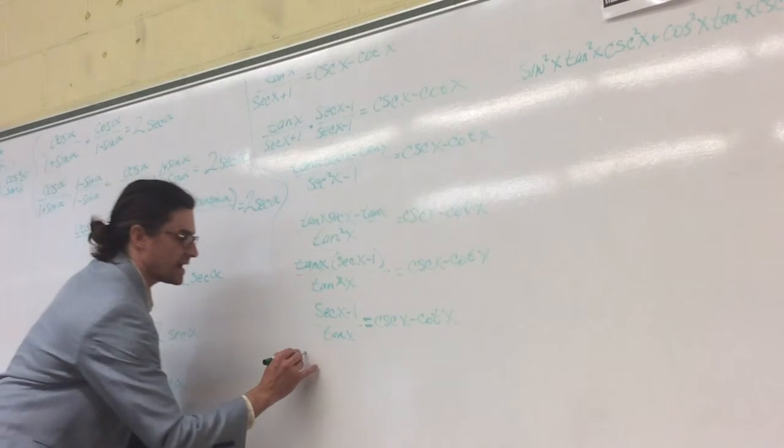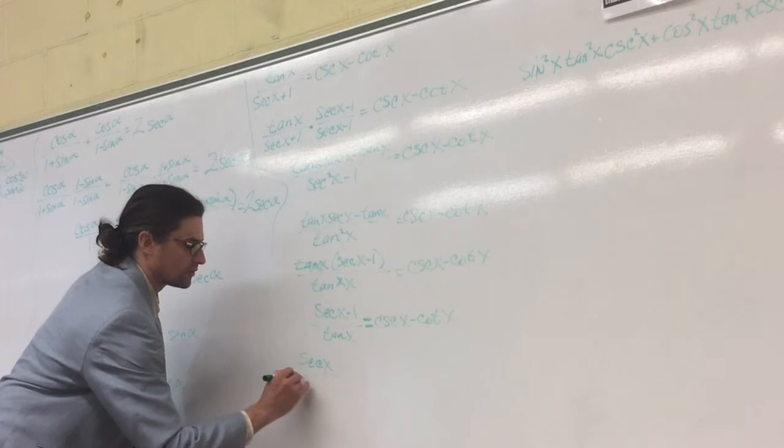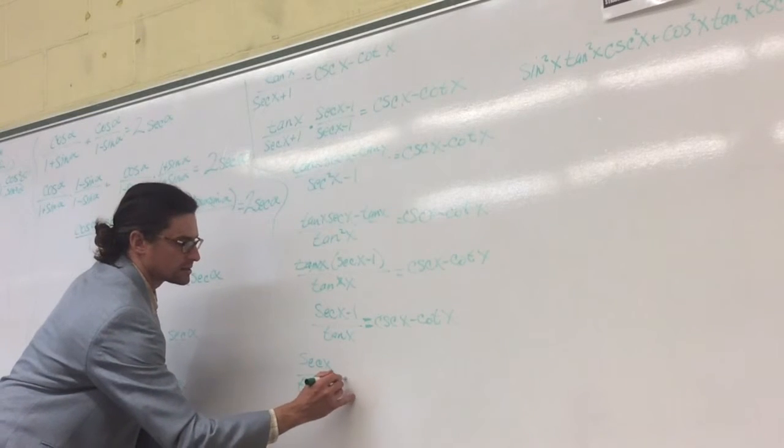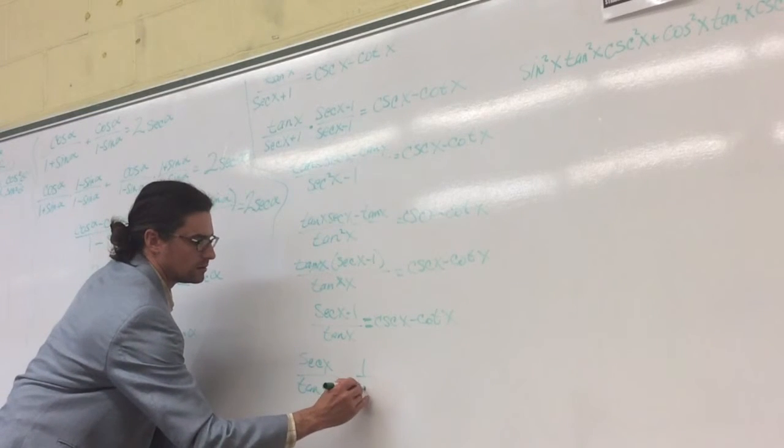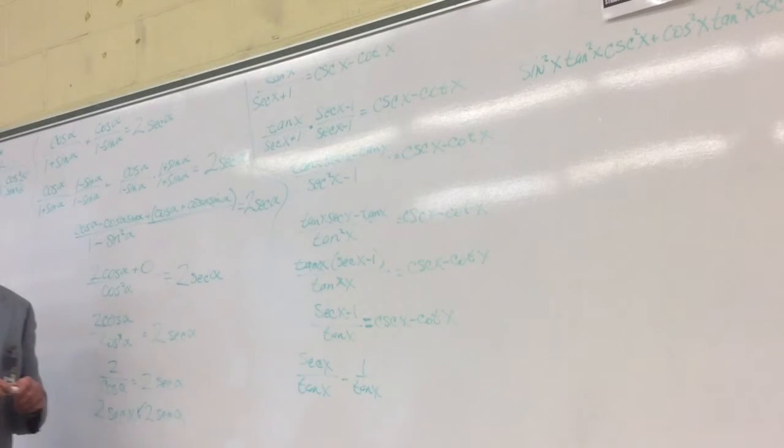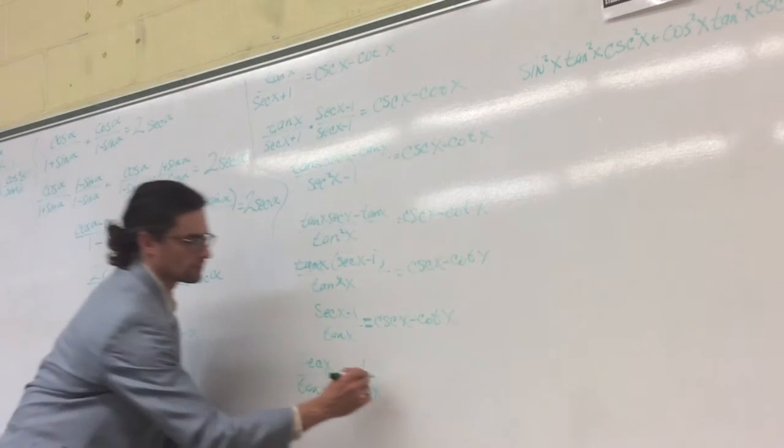So you could write this as secant x over tan x minus 1 over tan x.